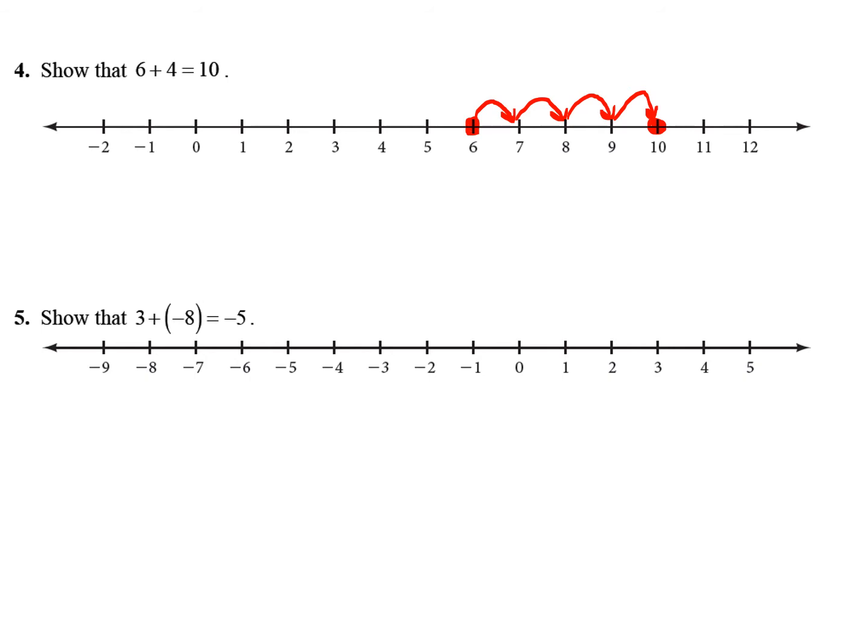So the next one, starting position is 3. And we're going to move 8 spaces to the left. So 1, 2, 3, 4, 5, 6, 7, 8. Put a little dot there. We finished off at -5. Voila.